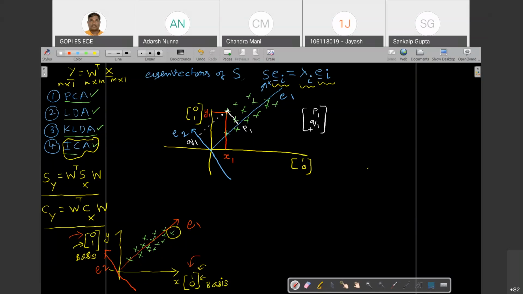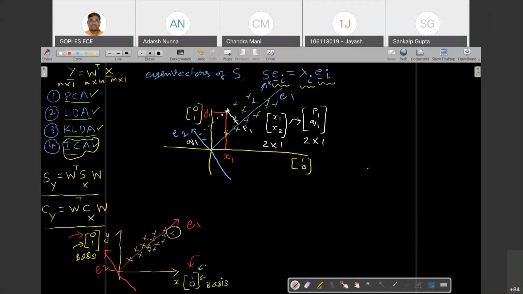So these two are actually converted to P1 and Q1. That is what the transformation is doing. And remember that in this transformation, the number of elements is not changing. This is 2 cross 1, and this is also 2 cross 1. I'm not going to change it.